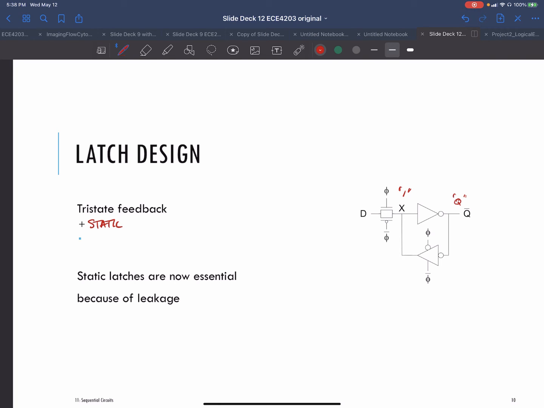And then this inverter here would take that 0 and emphasize the 1 at the input of the X. So this is a positive feedback circuit. So when the clock goes low, this guy gets enabled, and you cut off the input, and then this positive feedback circuit keeps this value at X and keeps Q bar, so you won't get leakage. So you'll get a static circuit.